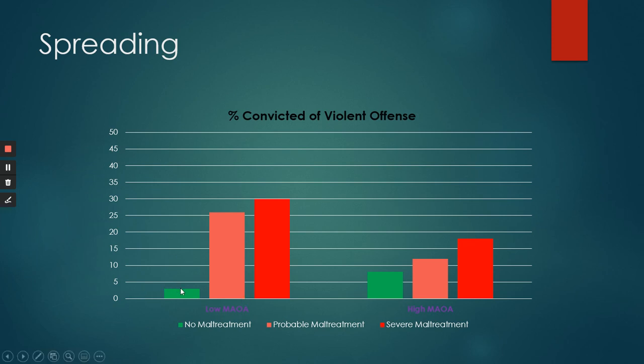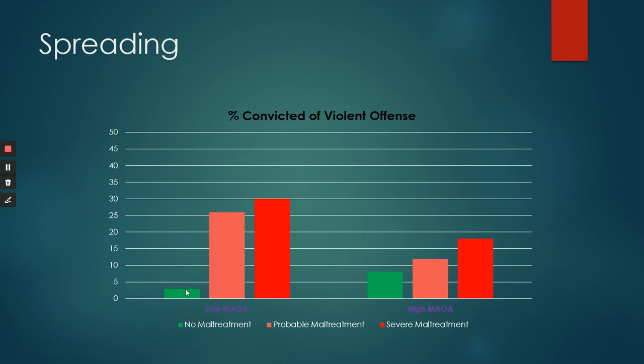For the high genetic risk, it's actually really interesting here. I'll get back to this because I always want to talk about this group right here. No maltreatment is really low right here. So even though these folks are at high genetic risk for violent behavior, in the end they show low violent behavior because of this exposure to a good parenting environment.